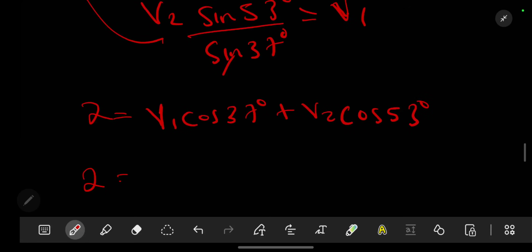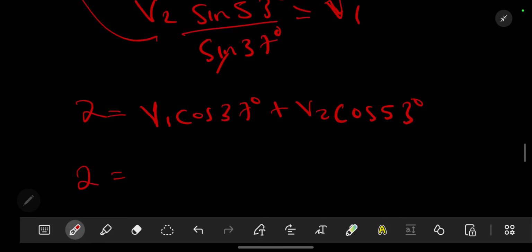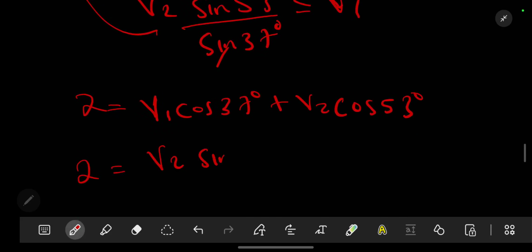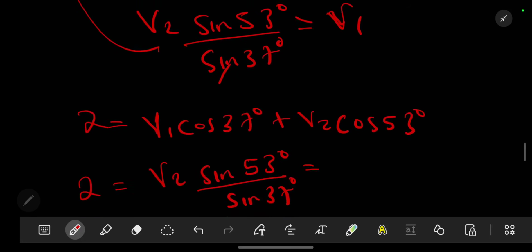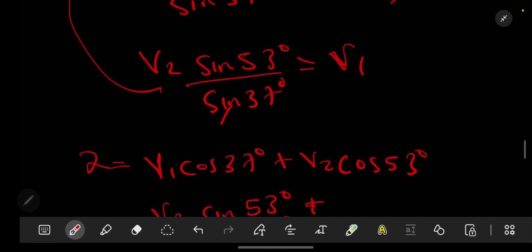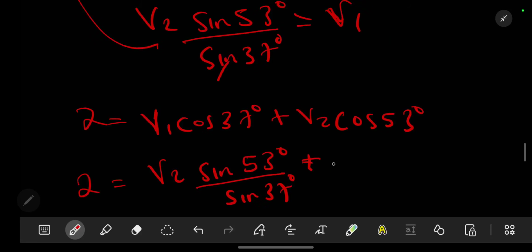So we are going to have 2 should be equal to v, where there is v1, which is here. You are going to replace what v1 is equal to. V1 is equal to v2 sine of 53 degrees over the sine of 37 degrees, plus our v2 cosine of 53 degrees.